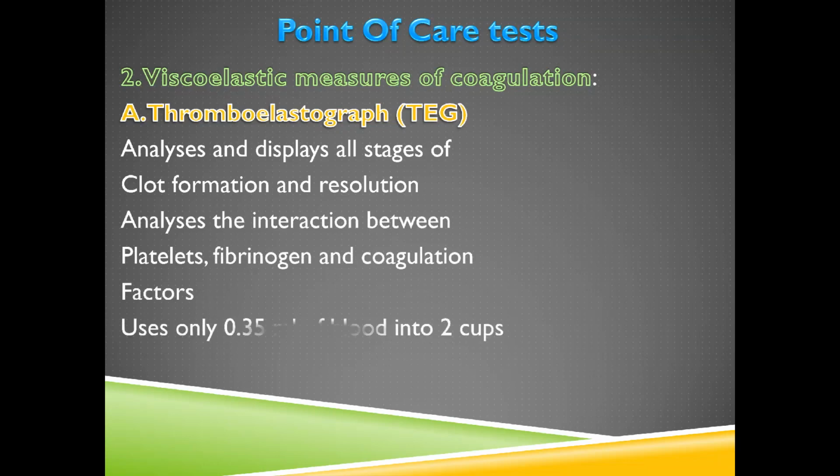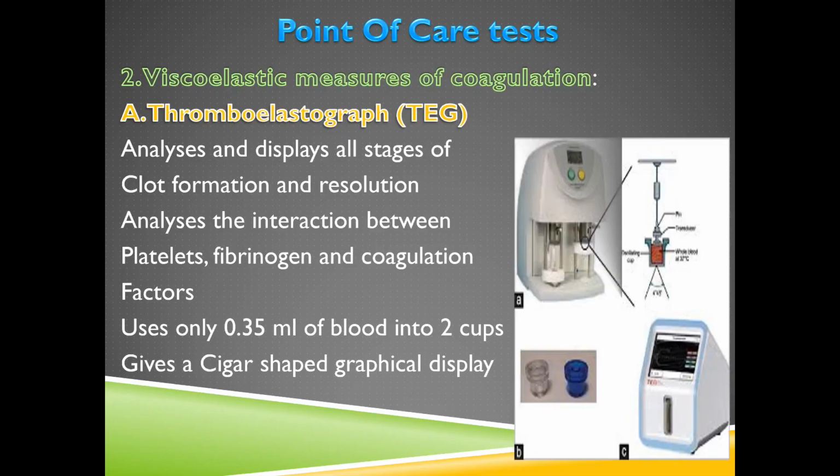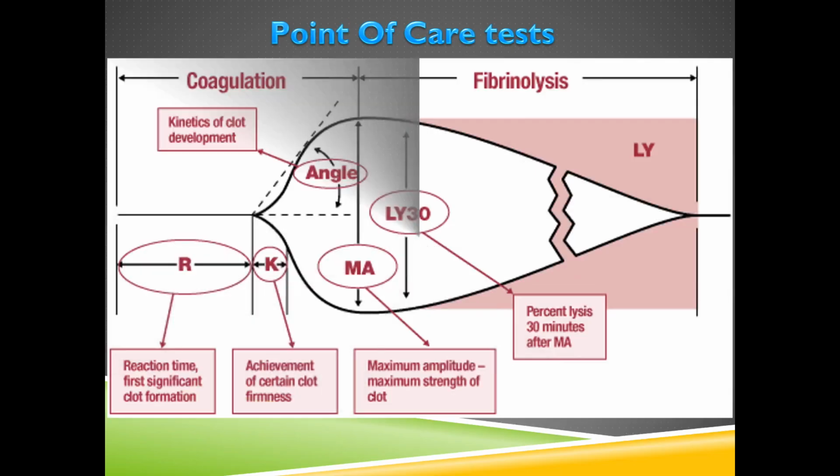It uses only 0.35 ml of blood in a cup and gives a cigar-shaped graphical display. So this is how the whole thing is done. And here the cup rotates. The pin that is inserted into the blood sample stays stationary, whereas in rotational thromboelastometry, the pin rotates.